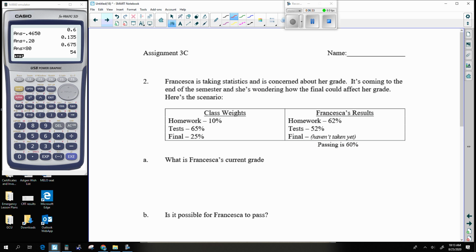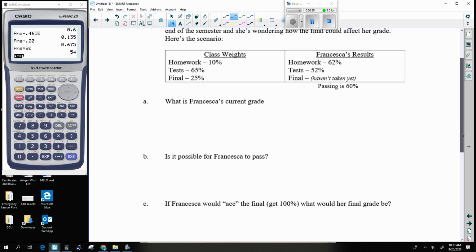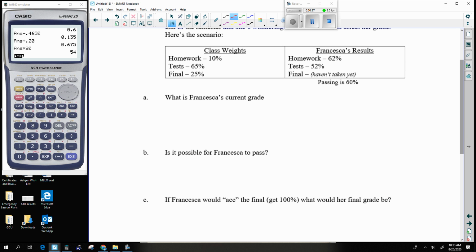On to Francesca. And I think this is the exact same assignment as 3B. Here we go, current grade. Francesca's current grade is for homework, for tests, and no final.